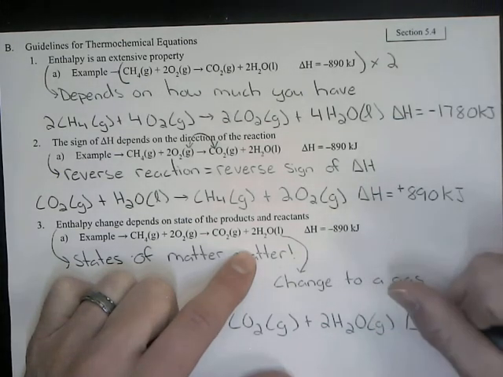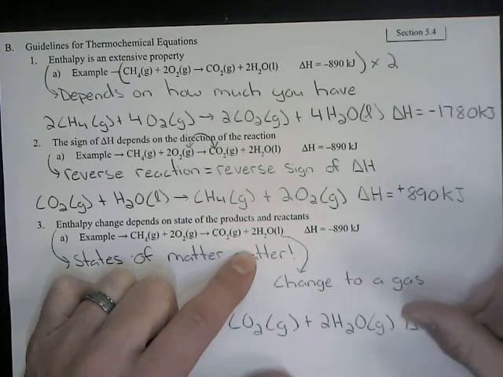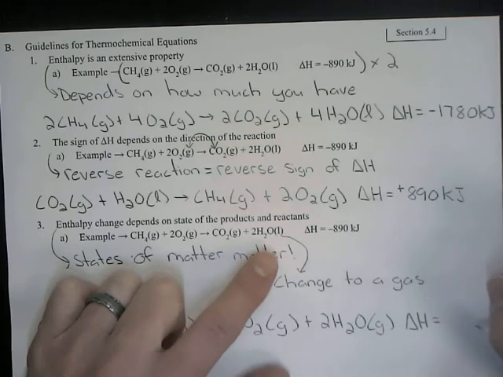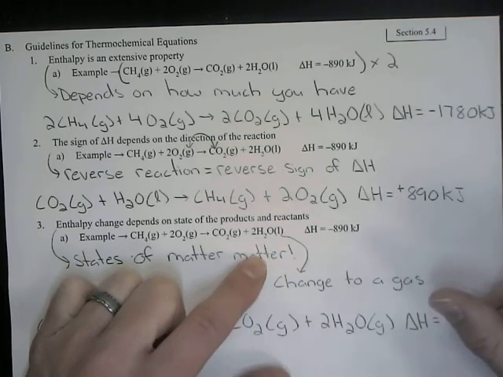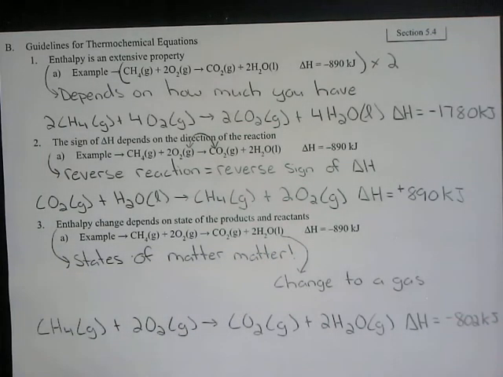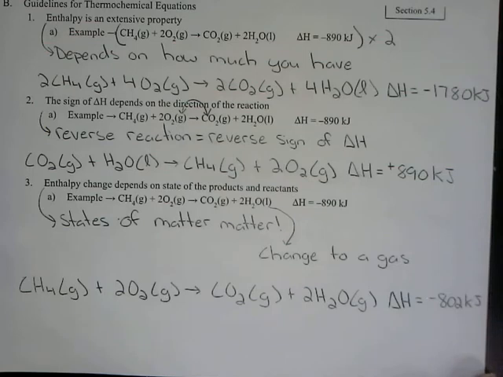Our delta H is now, because we've changed from a liquid to a gas, going to be different. So states of matter matter, and it's especially going to play a role as we get into some problems involving Hess's law, but we'll get to that point.